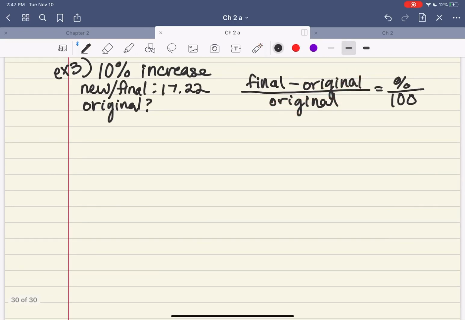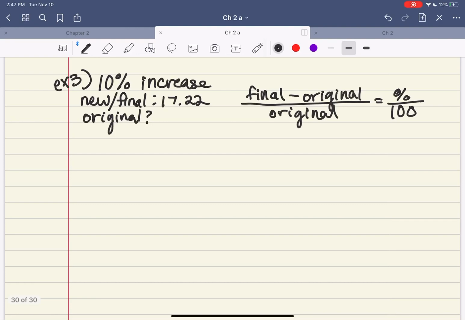So what's that going to look like? We would say 17.22 minus, okay, now my original, I'm going to be calling my x, because I don't know my original, minus x over x equals, now normally I would put my percent or my variable, but I know my percent is 10, so I do 10 over 100, and that is what goes on that side.